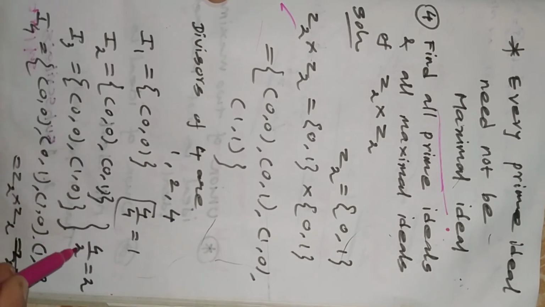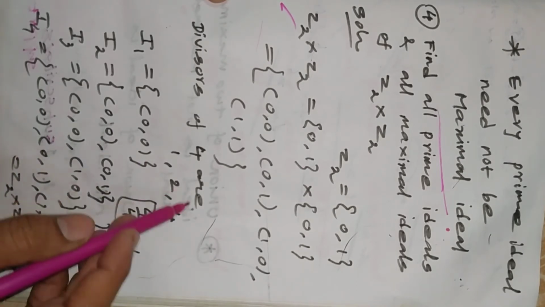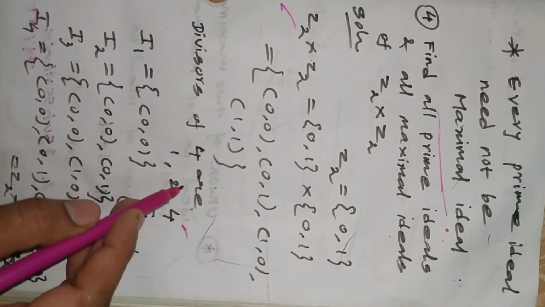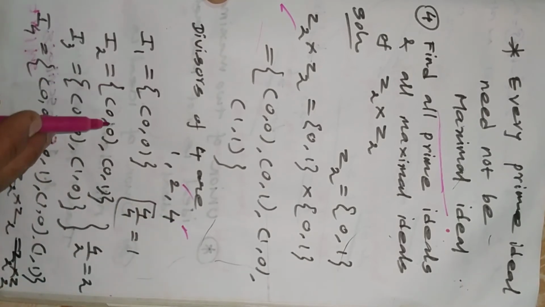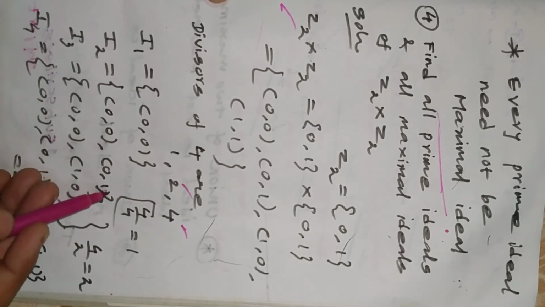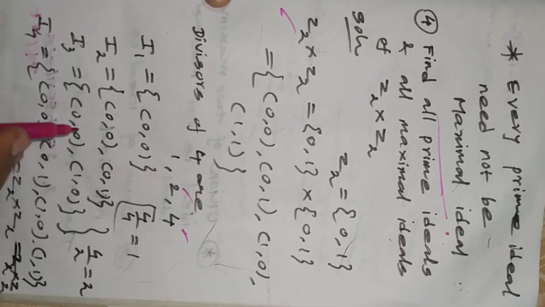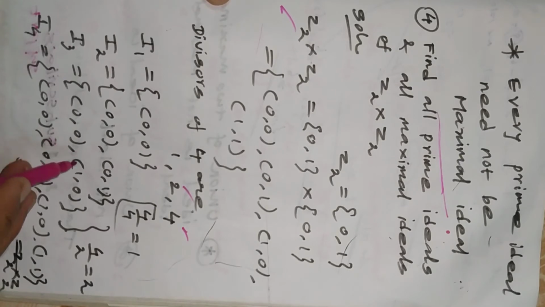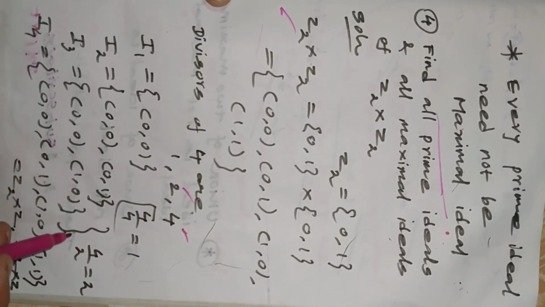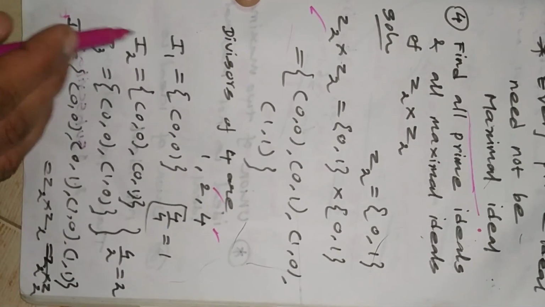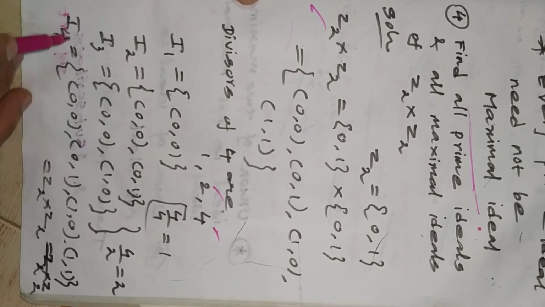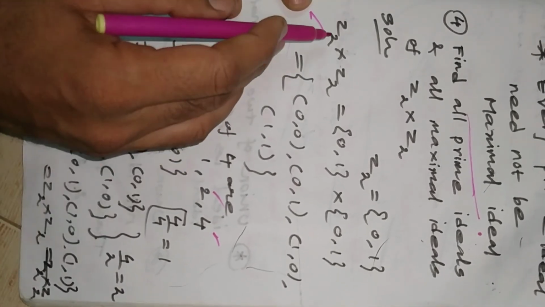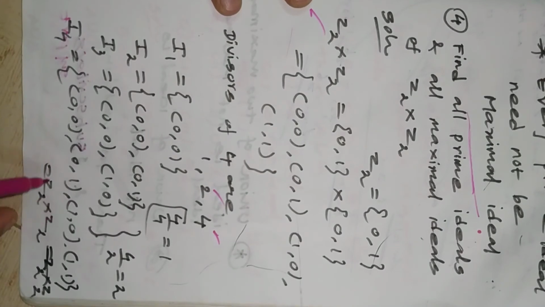Next 4 by 2, am I right? 2 elements: (0, 0), (0, 1), another one ideal, or next ideal (0, 0), (1, 0) is also. Then next 4 elements, only I4. I4 is nothing but Z2 cross Z2.